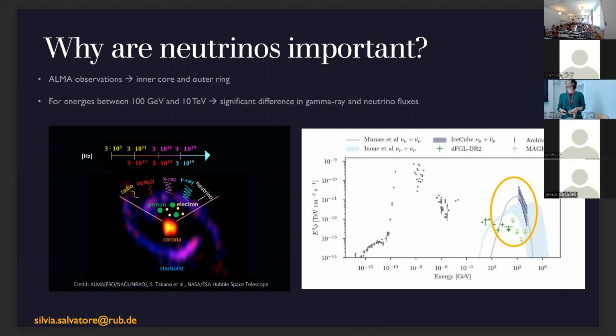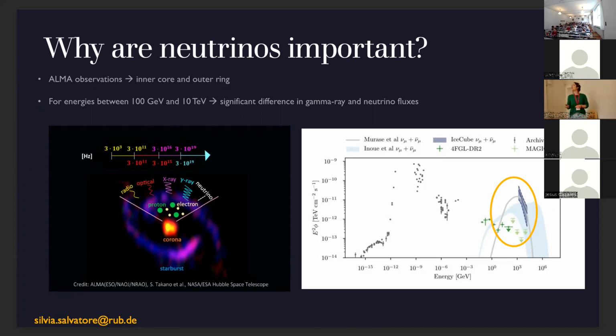First of all, in our model, we describe NGC 1068 as a two zones source. And this is done for observational reasons, as you can see on the left-hand side of the slide, where we have an inner corona and a starburst ring, which is on scales of 1.3 kiloparsec from the black hole.